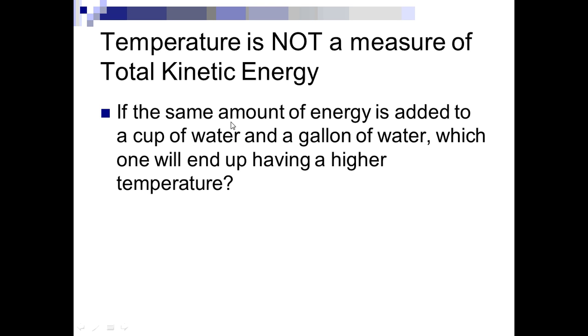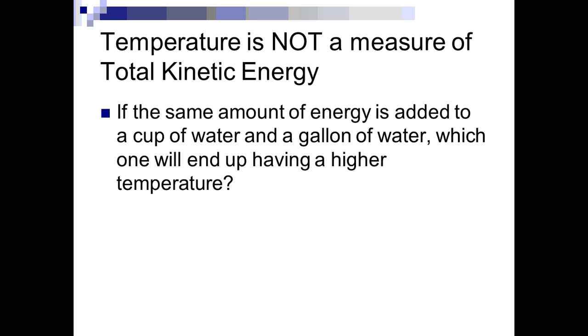And the reason why is because that energy that's added will be distributed between fewer particles, because the cup of water has fewer particles. So each particle will gain more energy. In a gallon of water, that amount of energy has to be spread out over a ton of particles. And so each particle only gets a little teeny sliver.